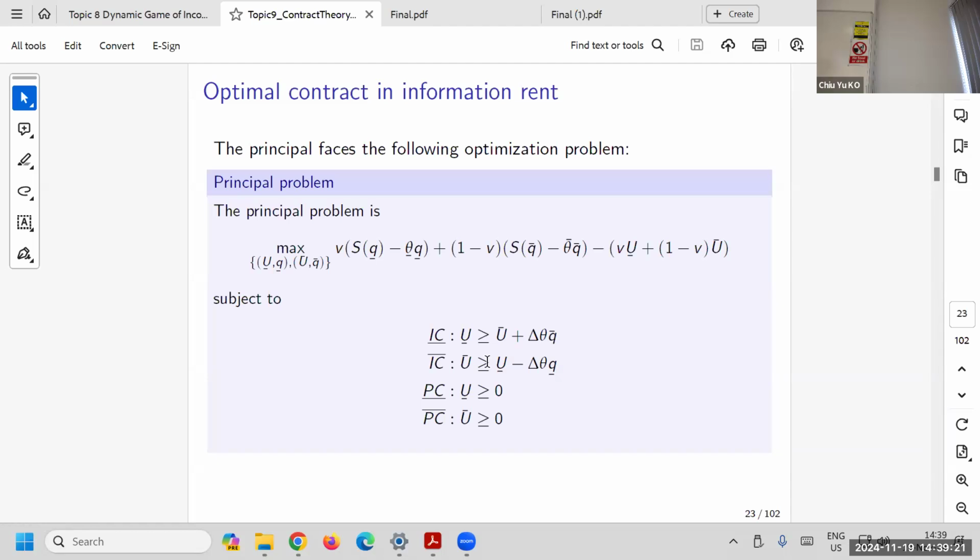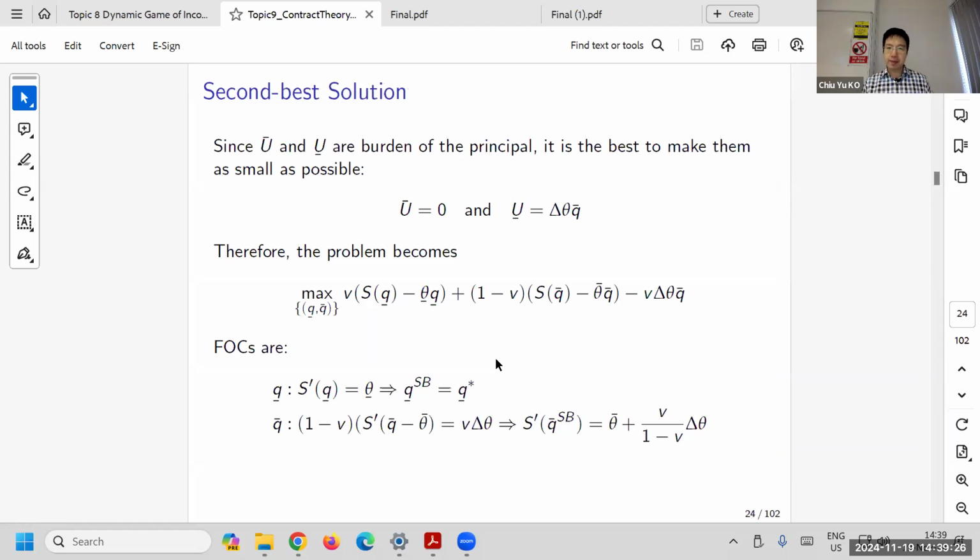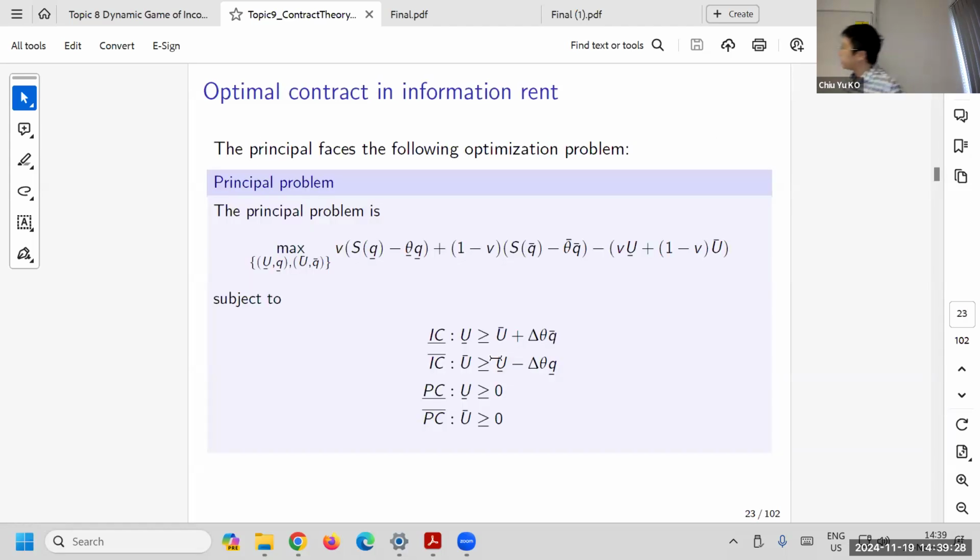So what can we do? Look at this one. This one is bigger than another, and you want to make it 0. Which one can you make 0? If you make this 0 or make that 0, which one is feasible?